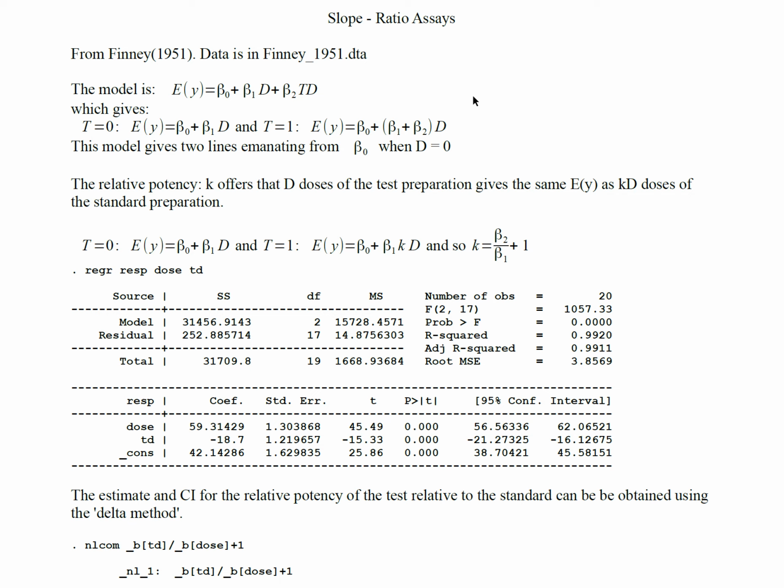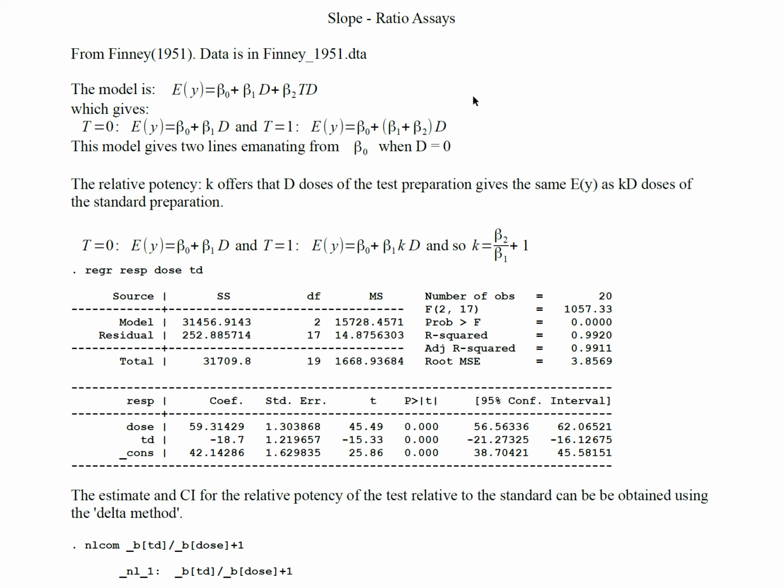Now, we come to the second new issue for you here, and that is that we are going to be able to discuss something called the relative potency. And here we'll just use the symbol K for that. K here is a population characteristic that suggests that D doses of a test preparation give the same expected response as KD doses of the standard preparation.